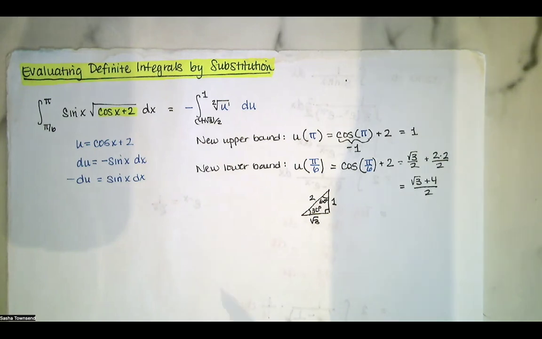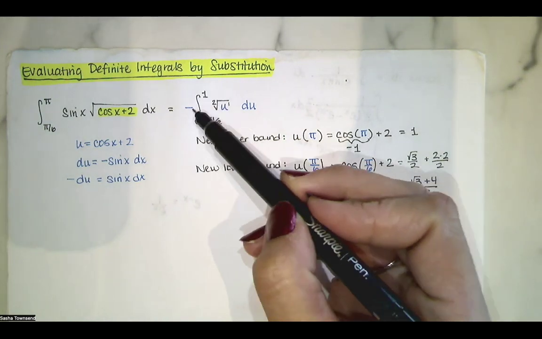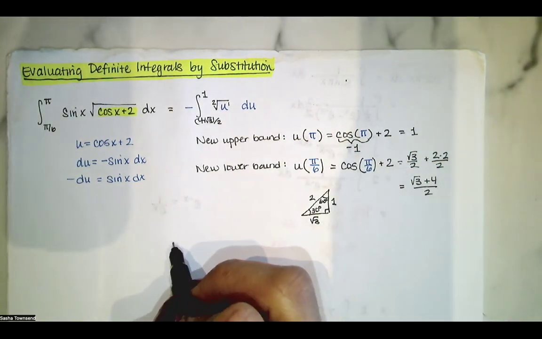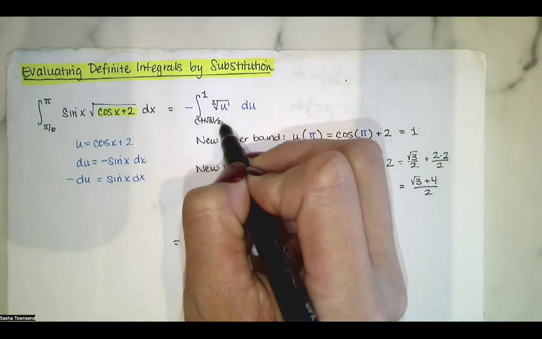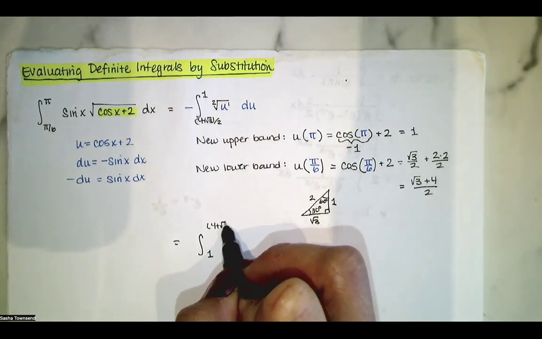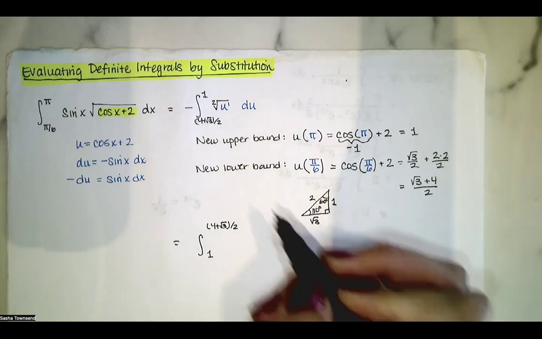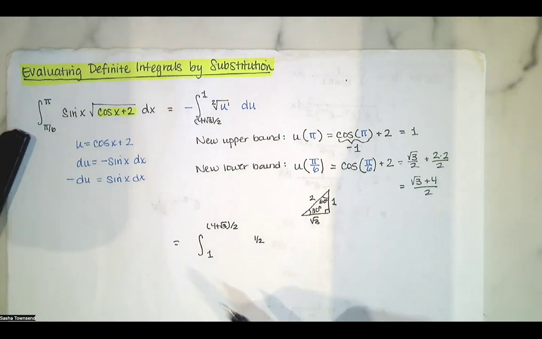Now, since this lower bound is actually greater than 1, we can flip this as long as we multiply the integral by -1. So rather than integrating from this value to 1, I want to integrate from 1 to 4 plus the square root of 3 divided by 2. And that square root of u I want to write as u to the 1/2 power.